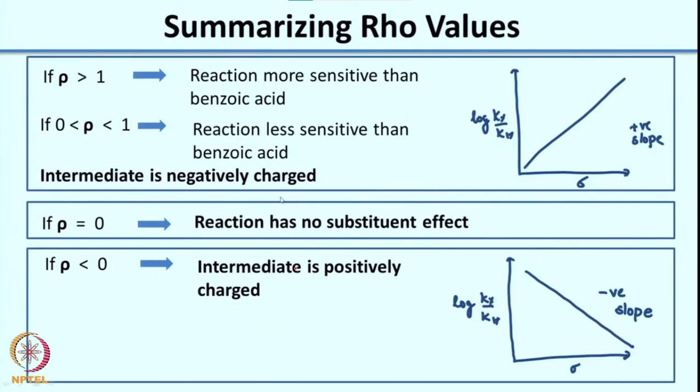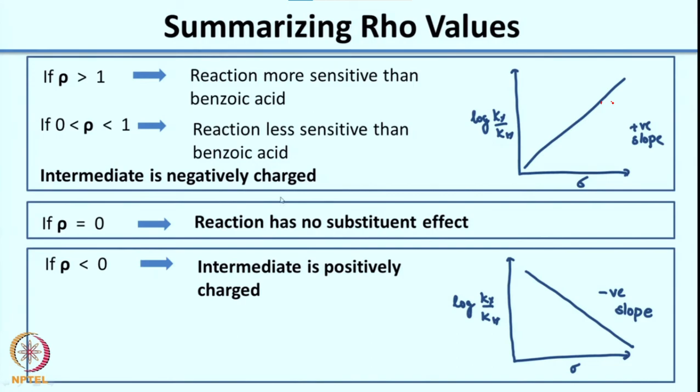So what we learned in the previous class, and today we have also discussed this last point. This is a summary of our Hammett plot. We have discussed that if the rho value is greater than 1, then the reaction is more sensitive than benzoic acid. Already we discussed yesterday. This is the value of 1.